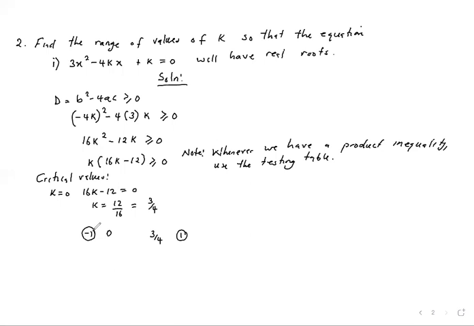So adding them will get 3 over 4 and divide by 2. So we have 3 over 8. So you add 3 over 4 plus 0 and then divide by 2. And then get k, get 16k minus 12.